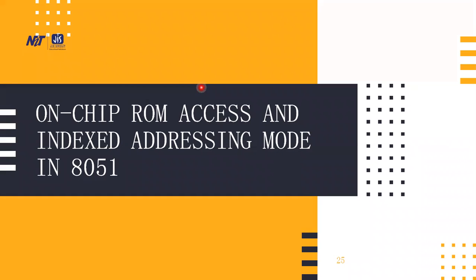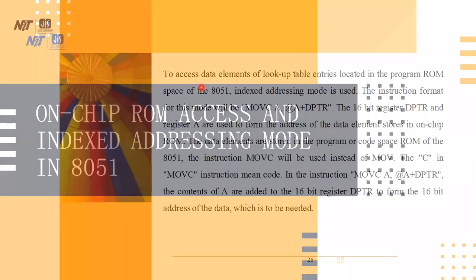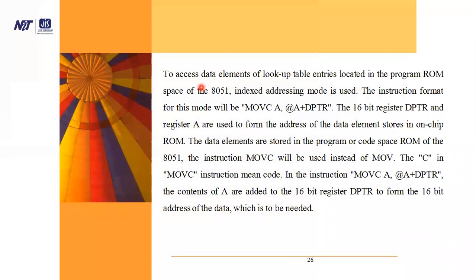On-chip ROM access and indexed addressing mode in 8051. To access data elements of lookup table entries located in the program ROM space of the 8051, the indexed address mode is used. The instruction format for this will be MOVC A, @A+DPTR.